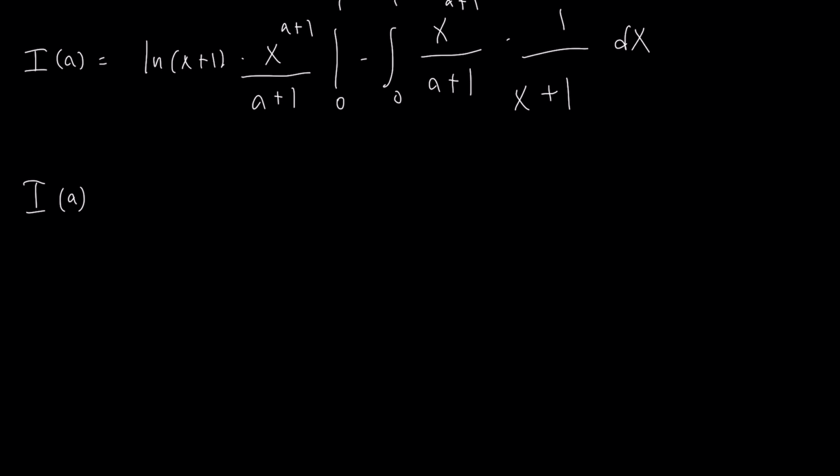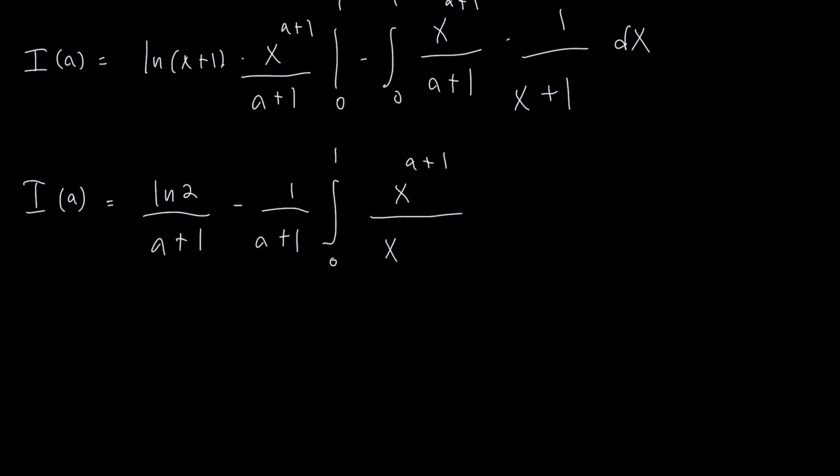So evaluating this limit, plugging in 1, we have the natural log of 2 over a plus 1. Plugging in 0 will end up being 0. We could factor out a 1 over a plus 1 term, so minus 1 over a plus 1 times the integral from 0 to 1 of x to the a plus 1 divided by x plus 1 dx.